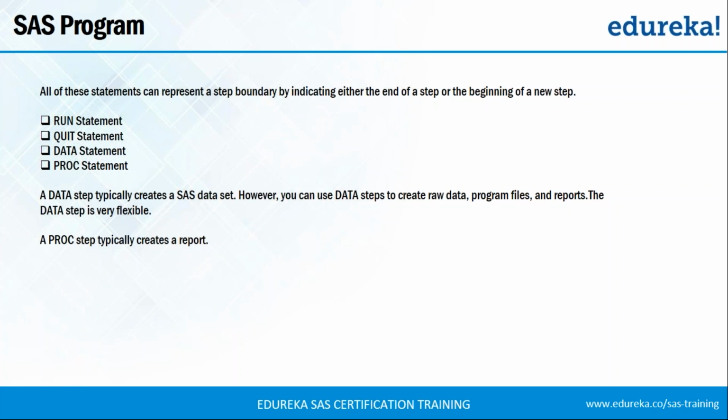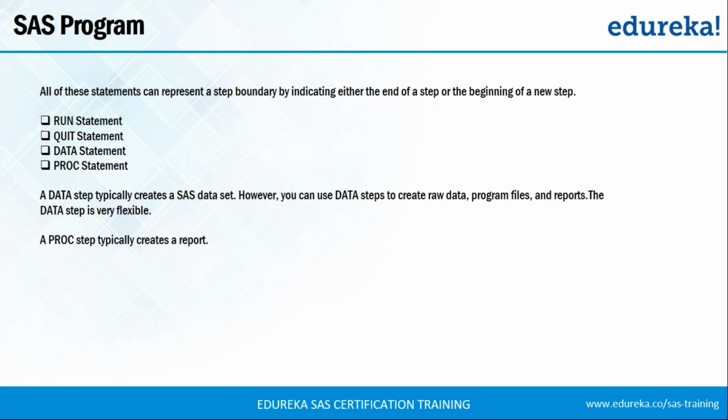Proc SQL starts with proc SQL and ends with a quit statement. For SAS to understand that a SQL statement is coming, you open a proc SQL, write the SQL statements, and quit at the end. The data step is data, some data set name, whatever SAS statements you want to write, and then a run. Same for proc contents: you write a data set name, and at the end you have a run.